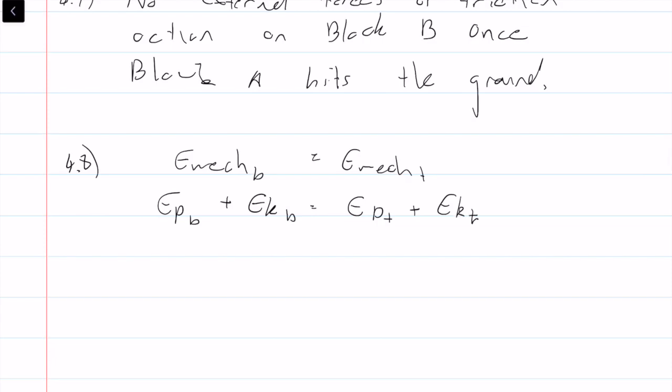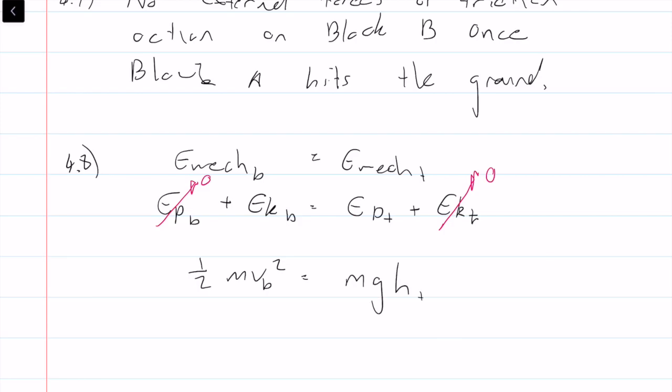But we know that at the bottom, we're taking that as the datum, so E_P goes to 0. And at the top, we want to reach the maximum height, so kinetic energy must also equal 0. So what we actually have is half mv squared at the bottom is equal to mgh at the top.